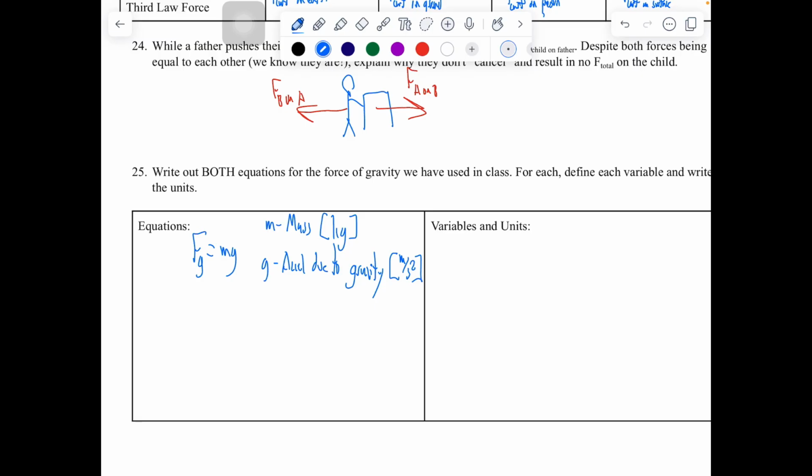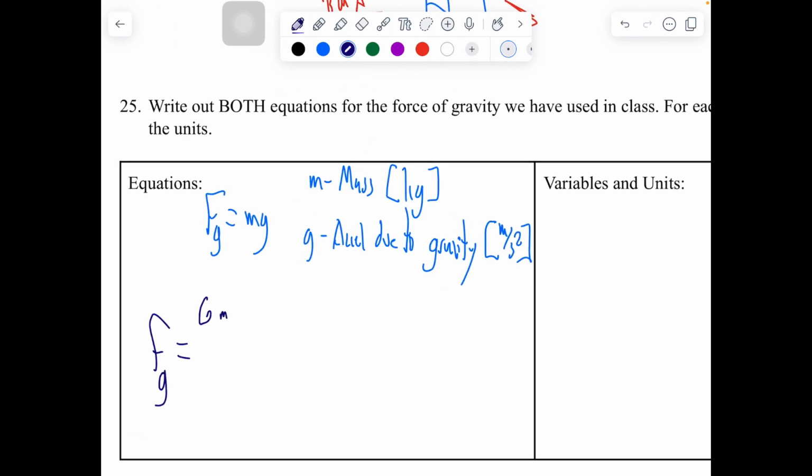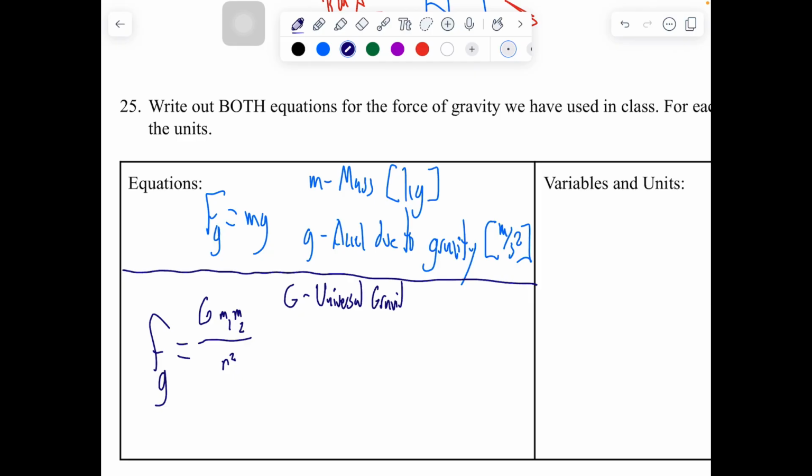We have also used force of gravity equals the universal gravitational constant, m1, m2, over r squared. Capital G is the universal gravitational constant.